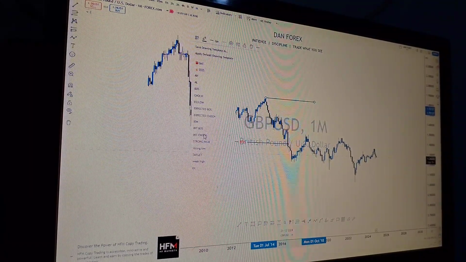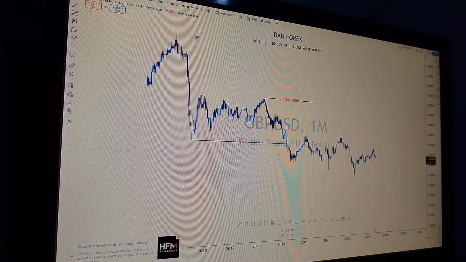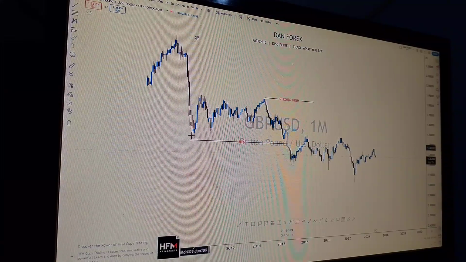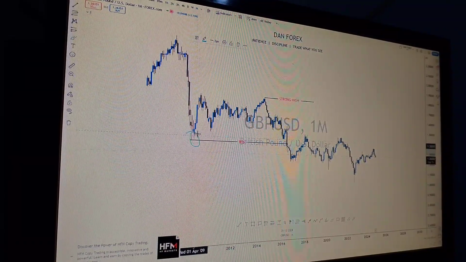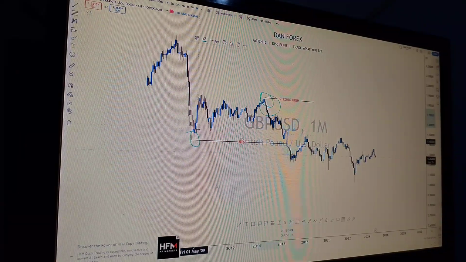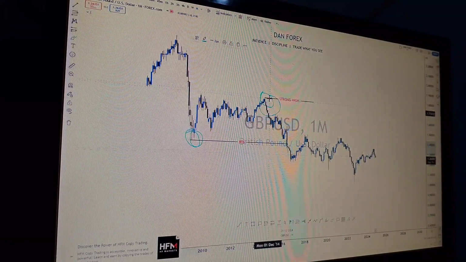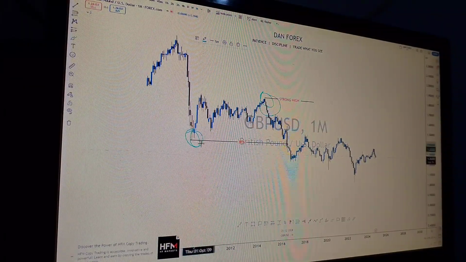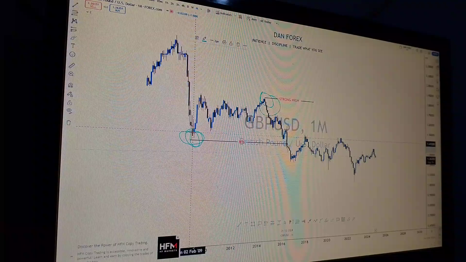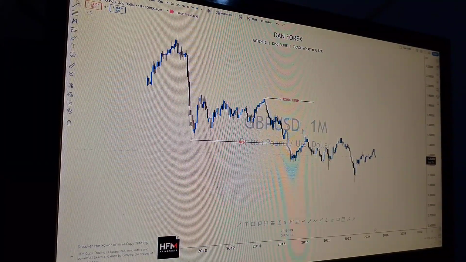So this becomes our strong high, right? This is the low which was broken by this high. So this high, which managed to take this low, now becomes a strong high, and this becomes a weak low, right?